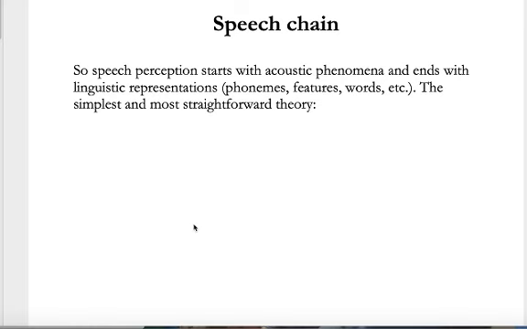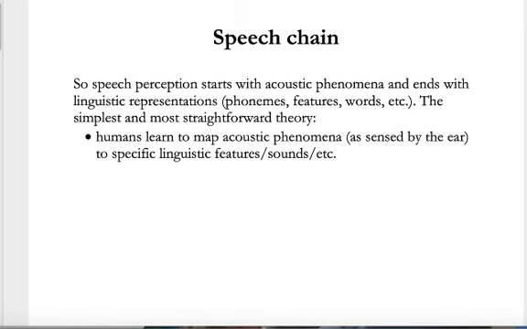Here's a totally naive, straightforward way of trying to do this. Humans, in the course of learning a language, learn how to map acoustic features or phenomena as sensed by the ear to specific linguistic features or specific speech sounds. Things like, this is a stop, that's a vowel, this sounds voiced, that one's coronal, and so forth.